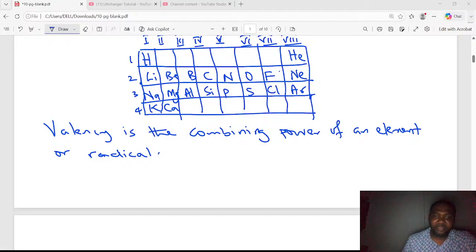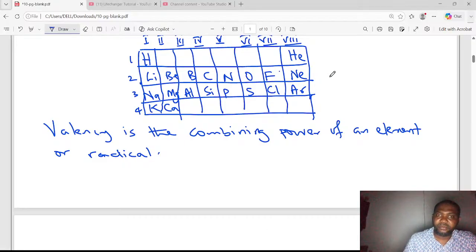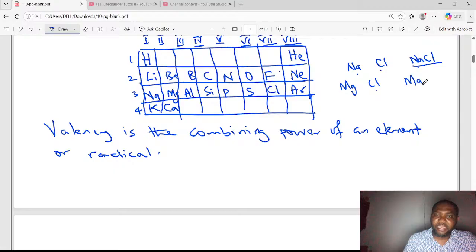If, for example, I have sodium and I have chlorine, sodium will combine with chlorine like this. That's why we call it sodium chloride. But if I have magnesium and I have chlorine, magnesium chloride is not NaCl. Magnesium chloride is actually MgCl2. If I want to combine aluminium and chlorine, it should be written as AlCl3.